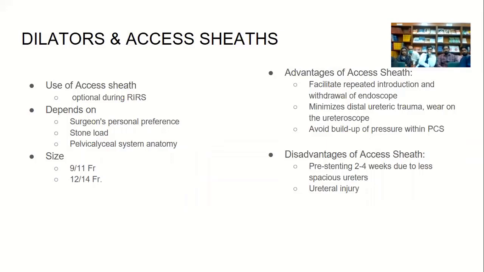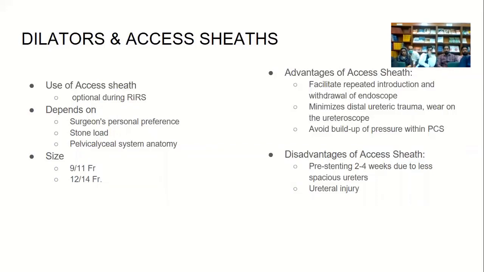What the access sheath does is reduce the intrarenal pressure. That pressure is created because this is a kind of circuit which is closed at one end, the kidney end, the renal pelvis. So if you increase the pressure, the gates will open, and these are the fornices.